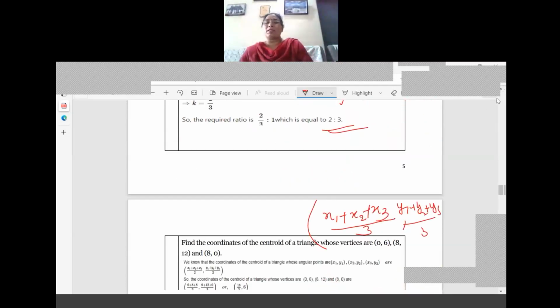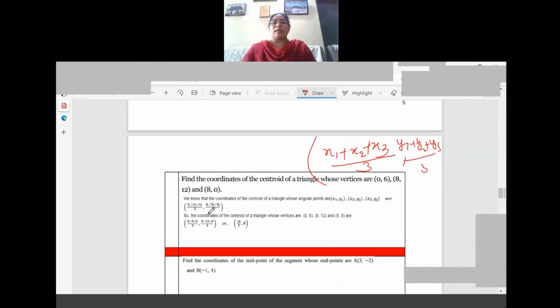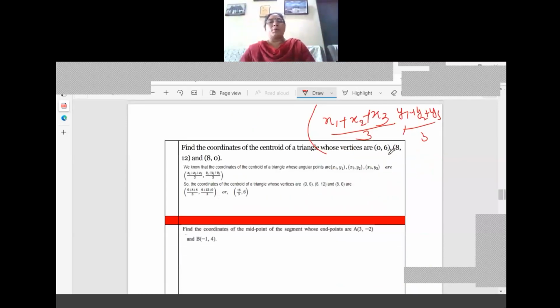Just add all the x coordinates: 0 plus 8 plus 8, that is 16 divided by 3. Similarly, the y value: 6 plus 12 plus 0, that is 18 by 3, you will get 6. So 16 by 3 is the x value and 6 is the y value.